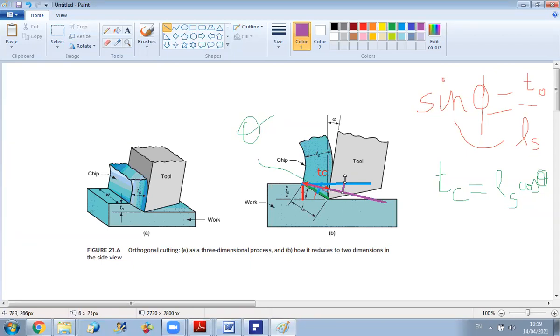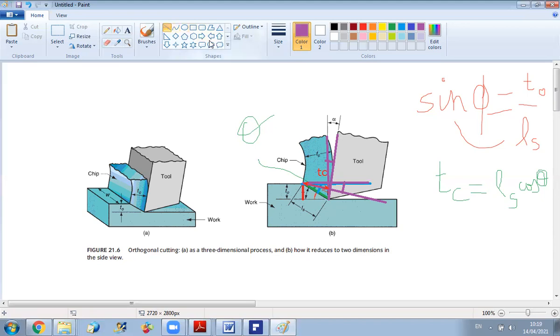To get this angle, if you look well, the blue line is perpendicular to the vertical, and the perpendicular line here is perpendicular to the rake face. I know that this angle here is alpha, and there is a mathematical property saying that if I have two lines forming an angle alpha, and I draw the perpendicular to the first and the perpendicular to the second, I obtain the same angle.